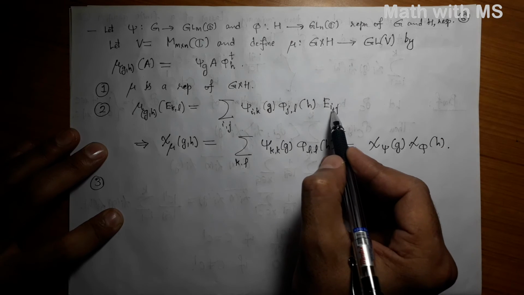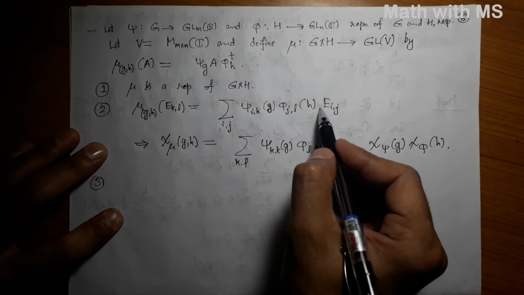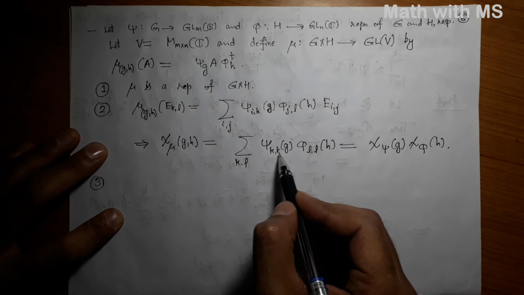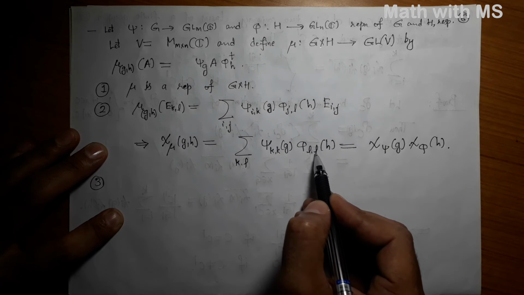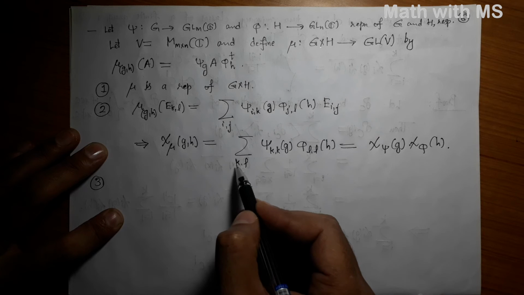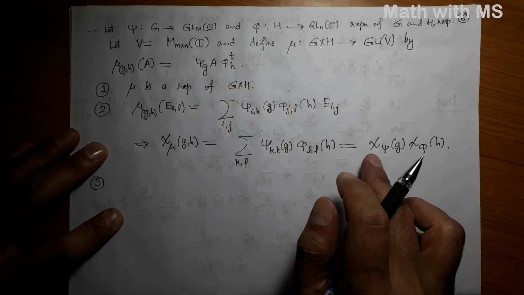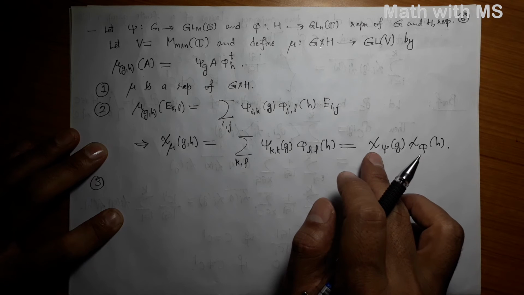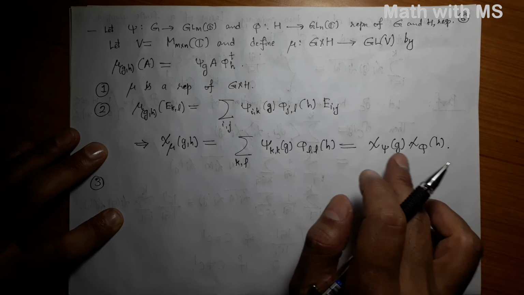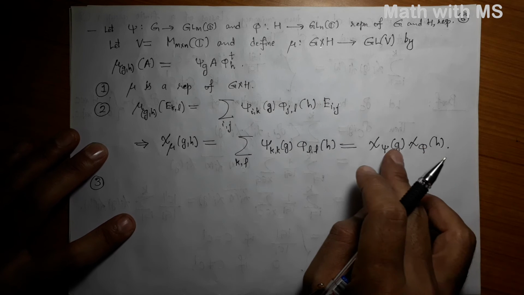That means I have to take i equal to k and j equal to l here. So that becomes psi kk of g phi ll of h, and I run over k and l, right? But this is just the same as the product of the characters of psi and phi evaluated in g and h respectively.